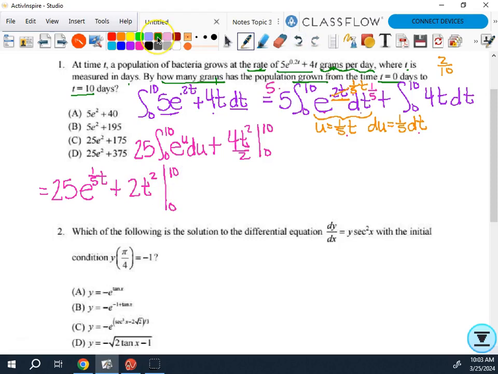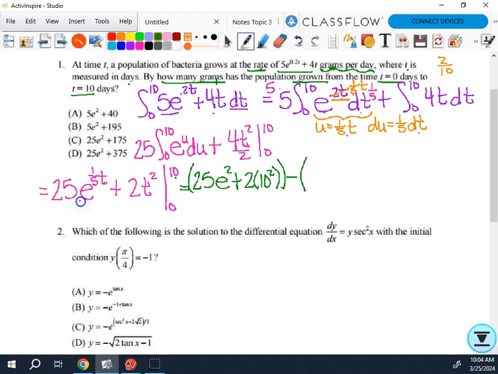Okay, so when I evaluate, I'm going to take 10, and I'm going to substitute it into both of these. So this is going to give me 25 times e, so when I put 10 in here, that's 10 over 5, which is 2, so that's e squared, plus 2 times 10 squared, okay. Then minus, this is all in one thing, and then I need to open a big parentheses here.